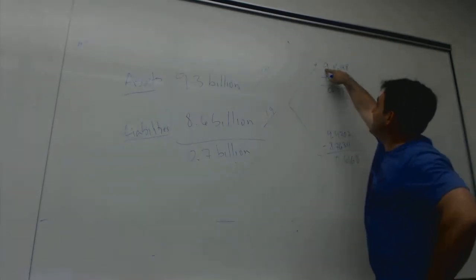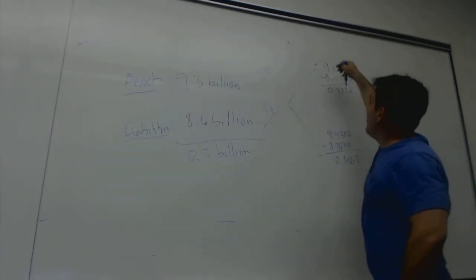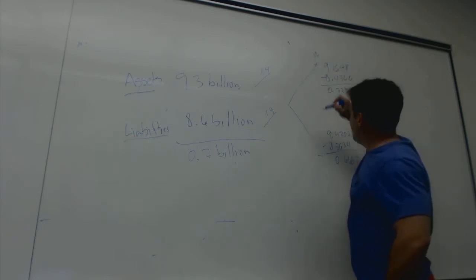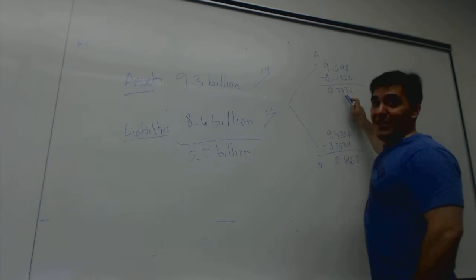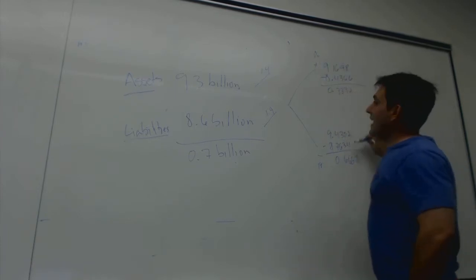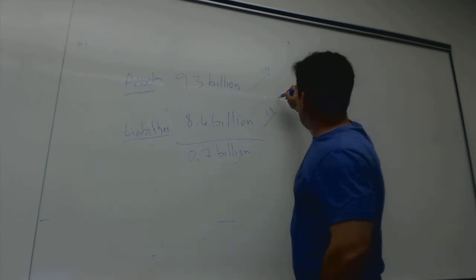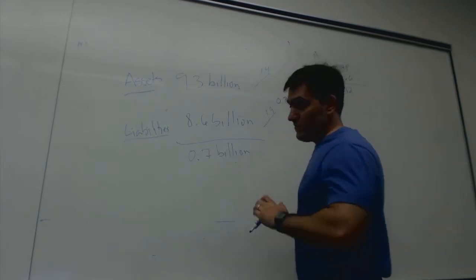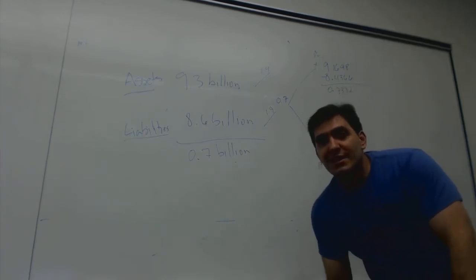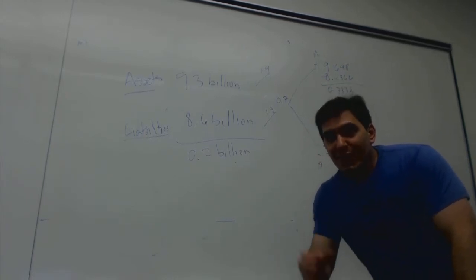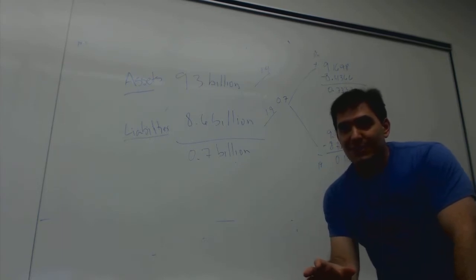So I calculate assets and liabilities for a plus 1% change and for a minus 1% change. Assets minus liabilities give me equity. So I calculate for both, and now I have changes because I know that equity here is 0.7. The equity right now is 0.7 billion.